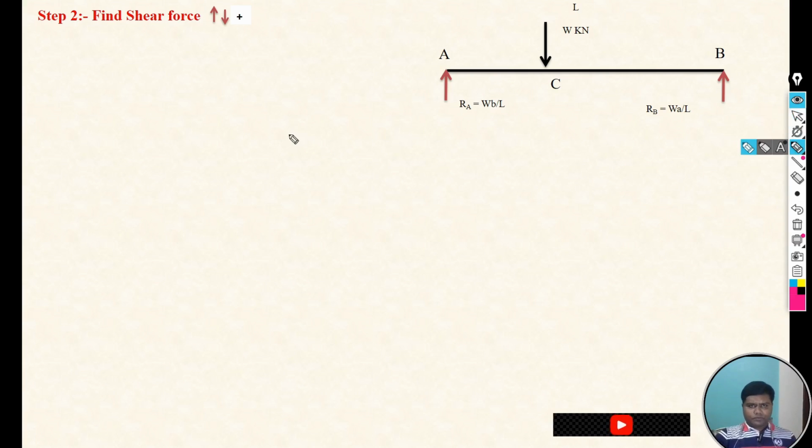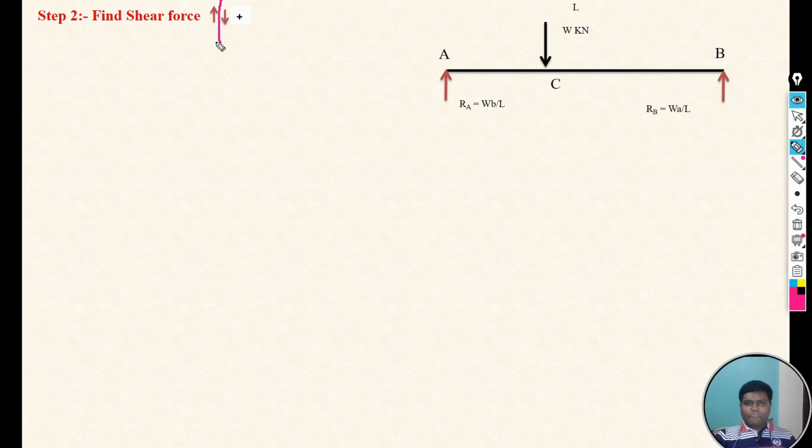So just start with the calculation. The second important thing is that while calculating the shear forces at each point, we need to focus on the rules for the sign. We need to follow the shear force calculation rules as we discussed in the previous video. So what is that rule?